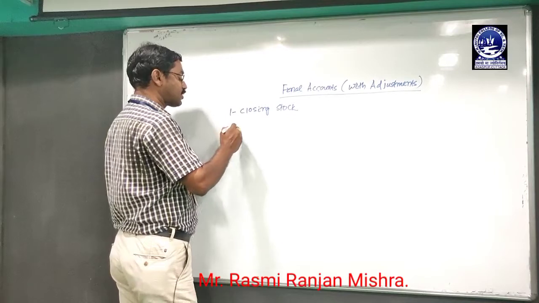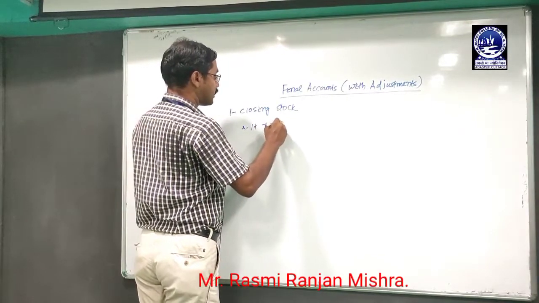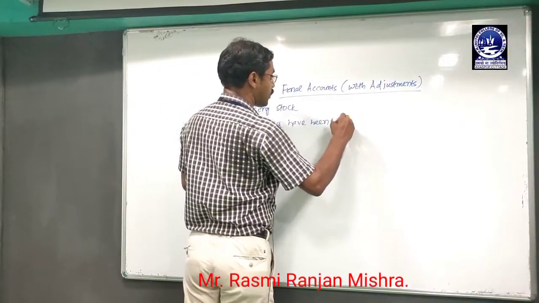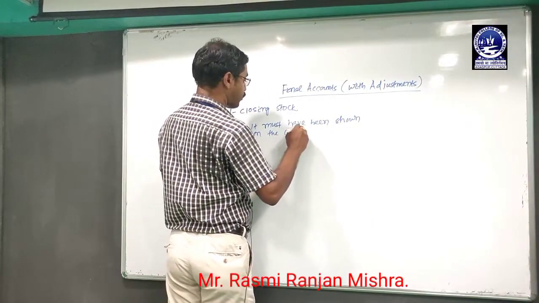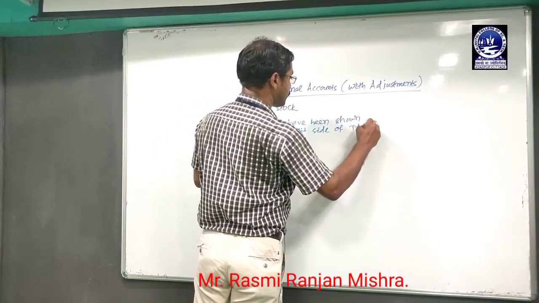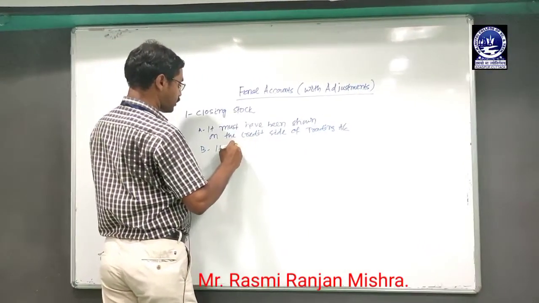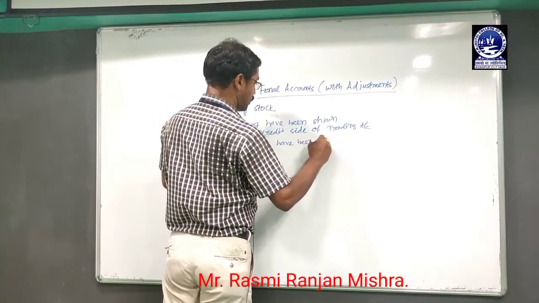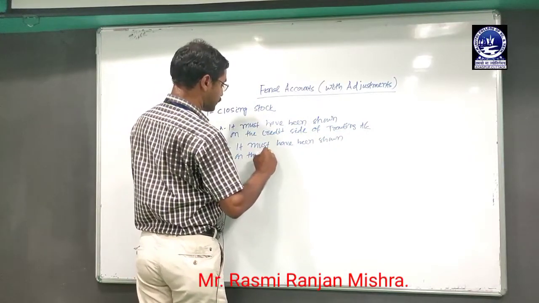So the first adjustment treatment is that it must be shown on the credit side of the trading account. The second treatment is that it must be shown on the asset side of the balance sheet.